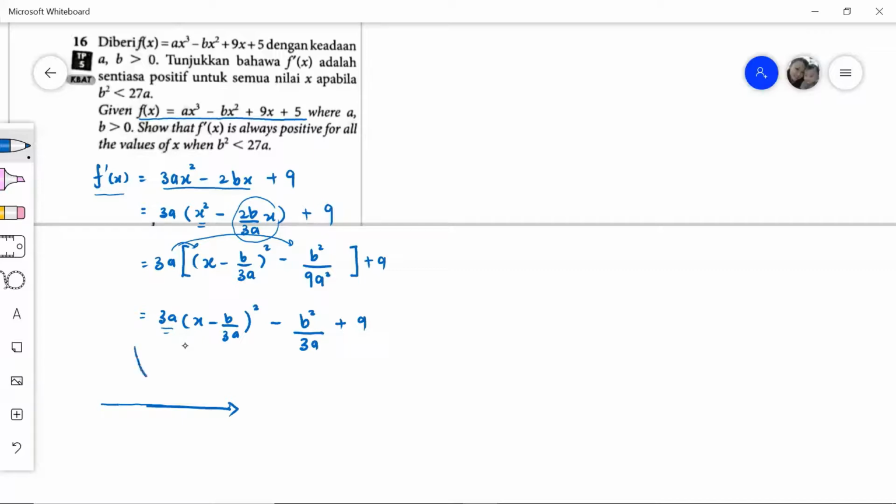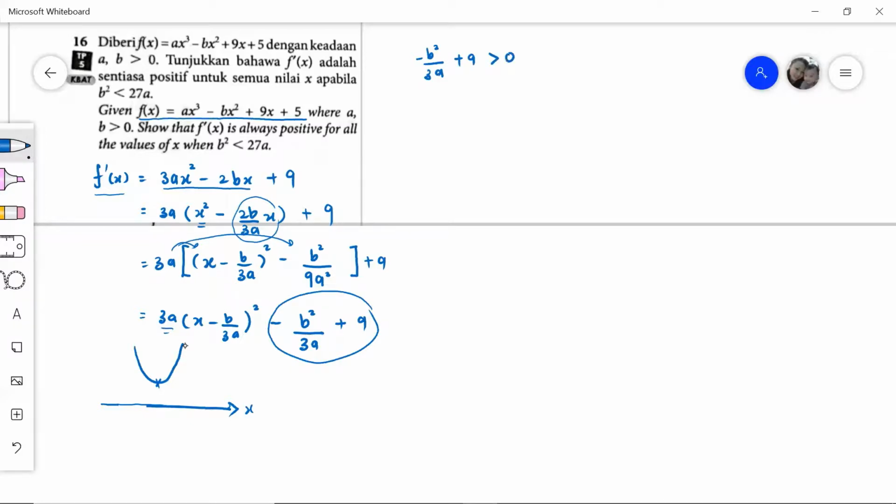So the graph can never touch the x-axis. That means the y-coordinate of our vertex will always be greater than 0. This part is actually the y-coordinate of our minimum point. So negative b squared over 3a plus 9 is always greater than 0.